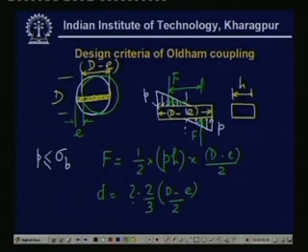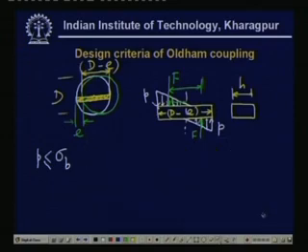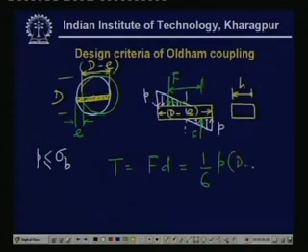Therefore, the torque will be, if you do these calculations, the torque becomes equal to F times d, which is equal to 1/6 P (D minus E) whole square times H.